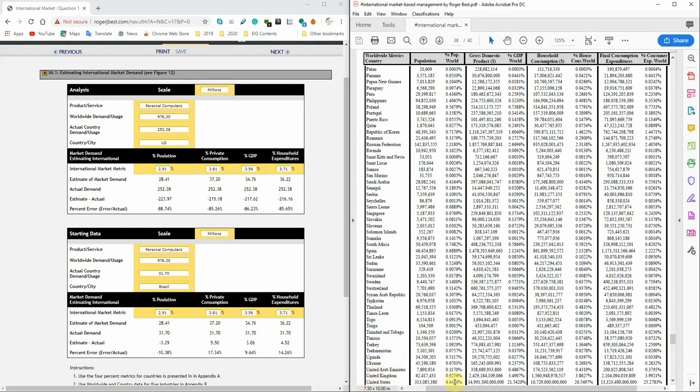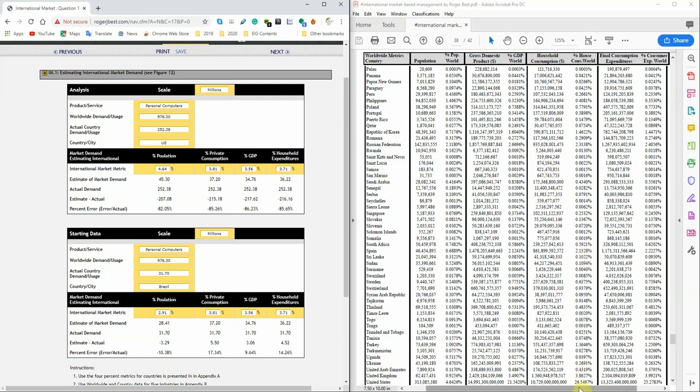So we can find each percentage here. For example, the United States' share of world population is 4.64. And percentage of private consumption, on the third column, the name is sort of different, but it's the same thing.